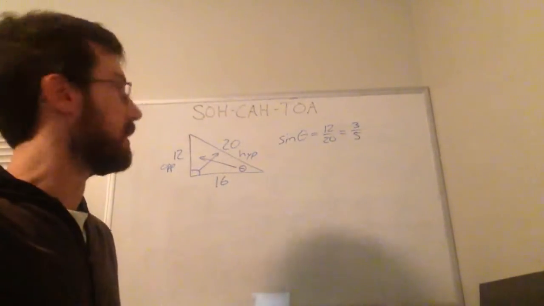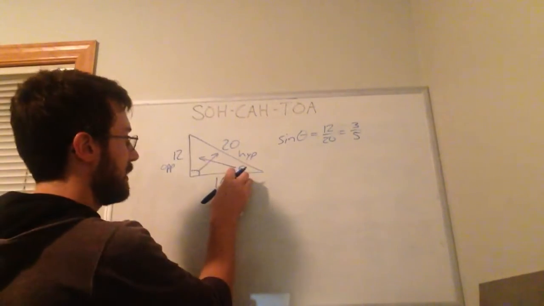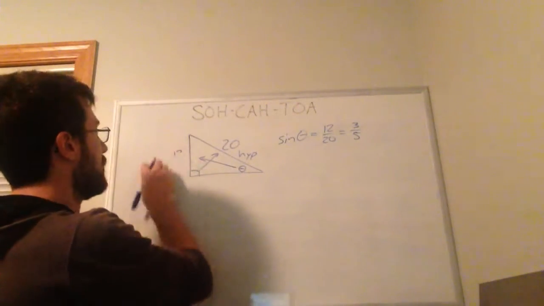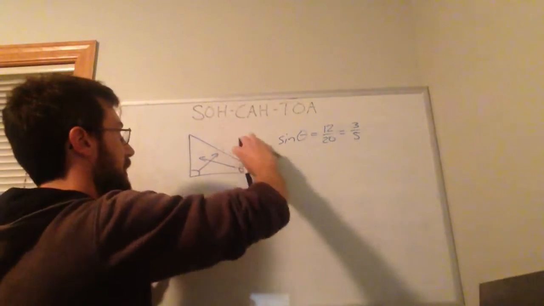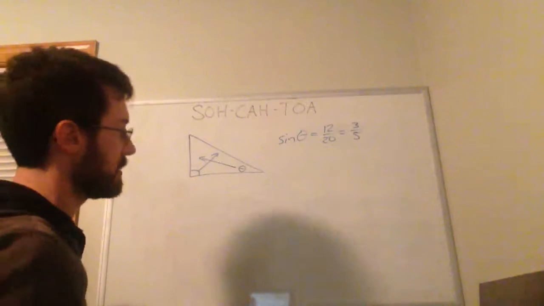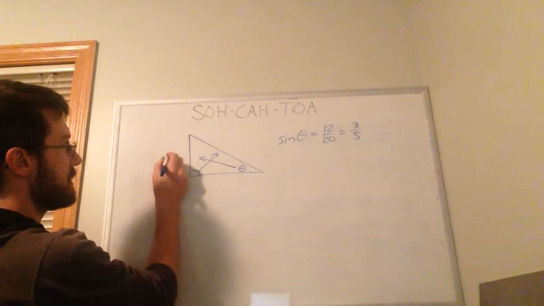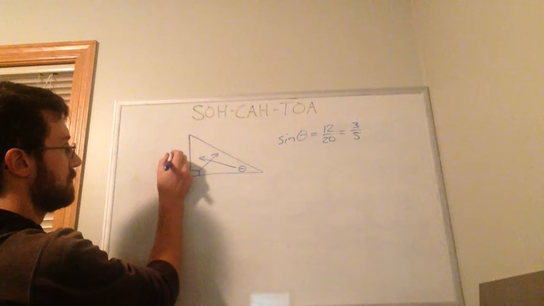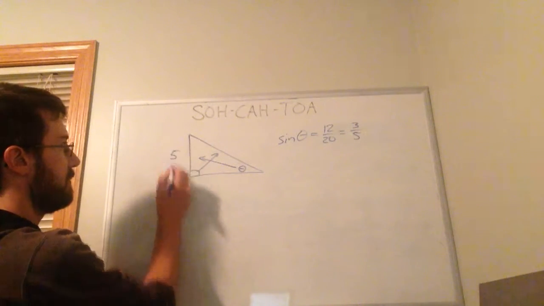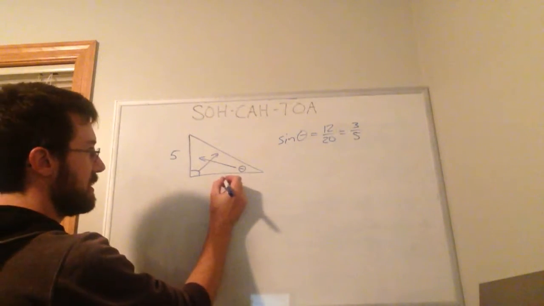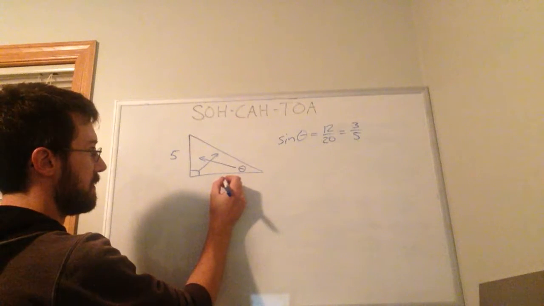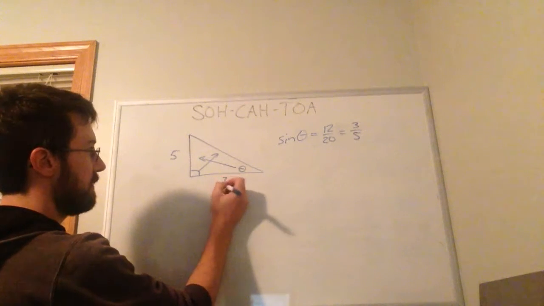Okay. Another one that we might see would maybe be something like this. Now I'm just literally making this up off the top of my head, but let's say that the opposite is 5, and this is 7.